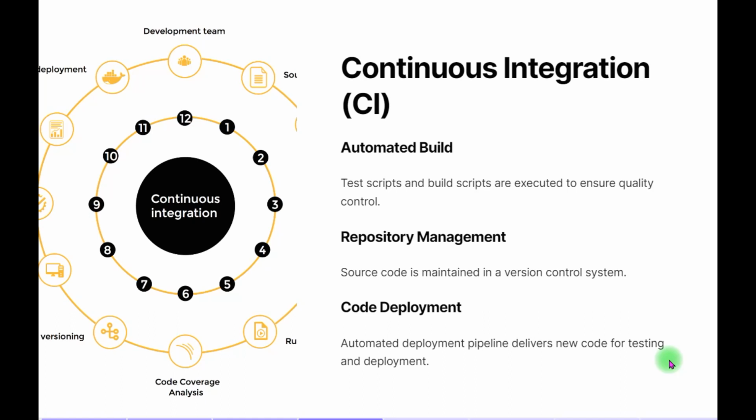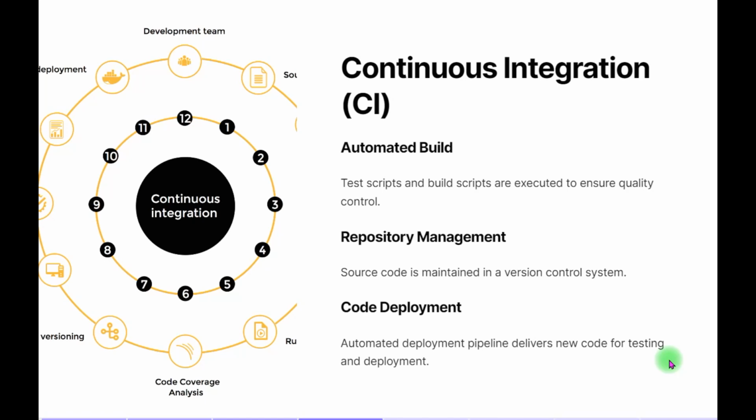Once the code is developed, it is time for CI to take action. In this stage, code changes from multiple developers are automatically integrated into a shared repository, ensuring that the new code integrates smoothly with the existing code base.